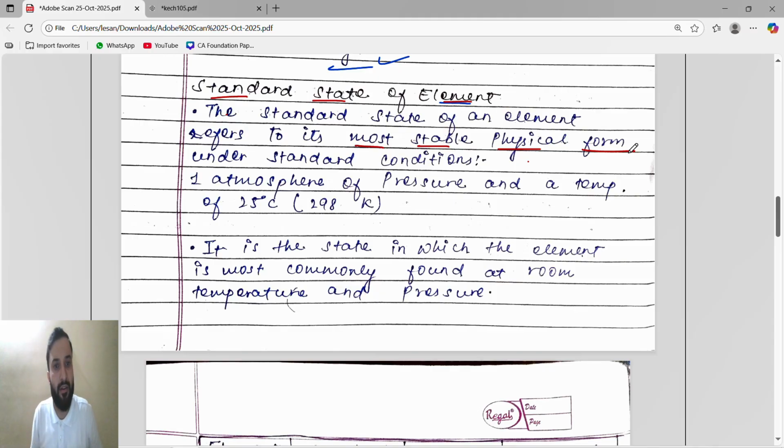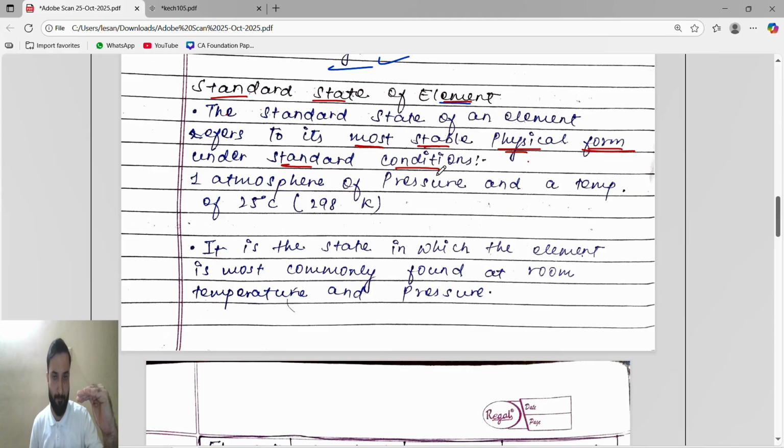The standard state of an element refers to its most stable physical form under standard condition. Standard state means at standard condition. If you are talking about the standard, we want it in a standard only.